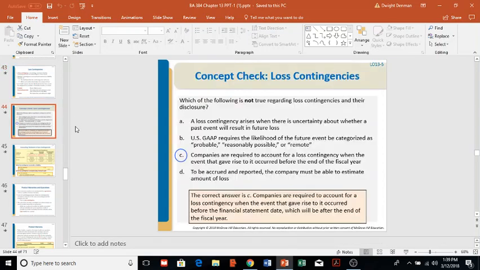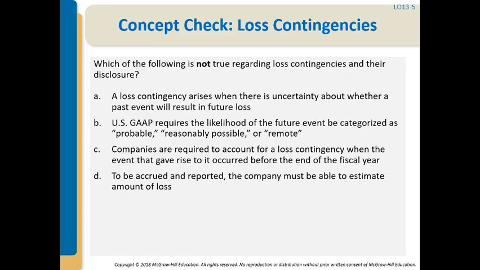All right, so here's one of our questions. Which of the following is not true regarding loss contingencies and their disclosure? A loss contingency arises when there's uncertainty about whether a past event will result in future loss.